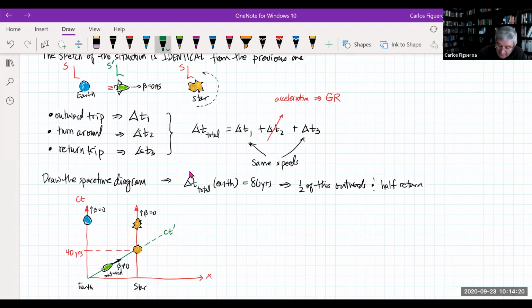When the rocket turns around and heads back, note that the slope of that line has to change. So how am I changing this? Well, I'm going to draw a line that's supposed to be symmetric between these two. I'm sure it's not going to be, but the rocket now moves in this direction.